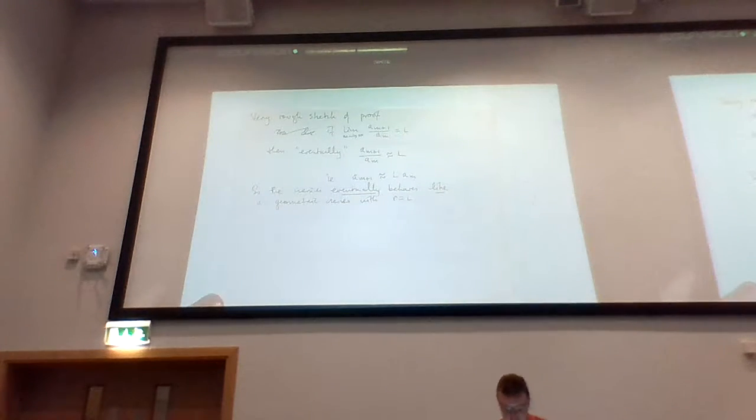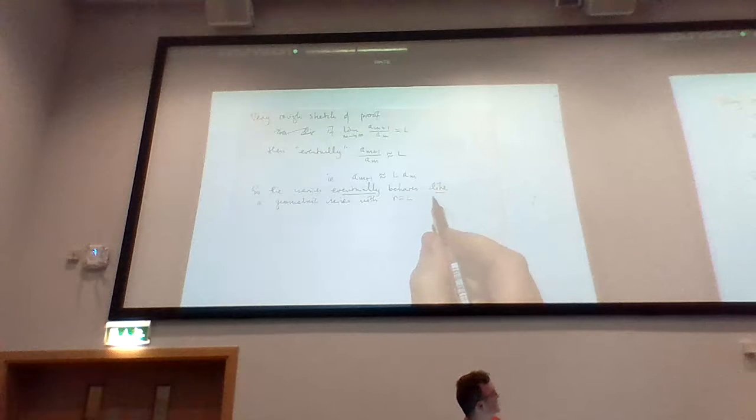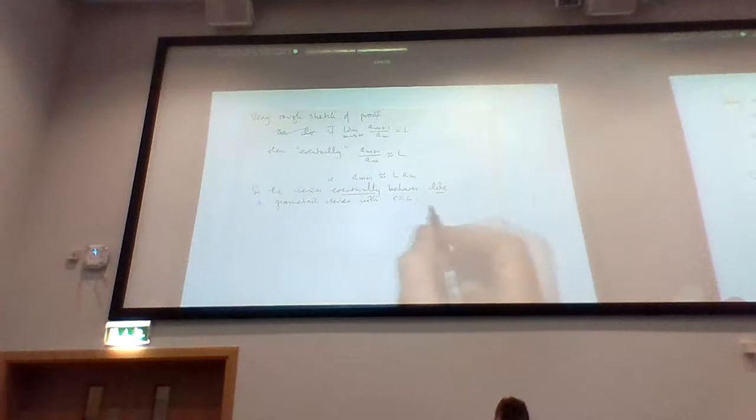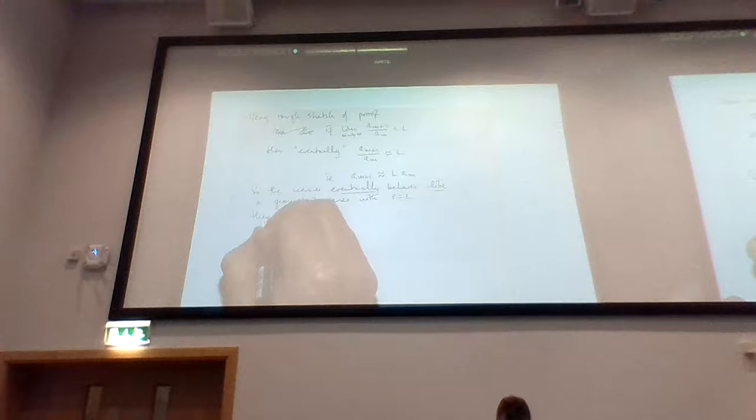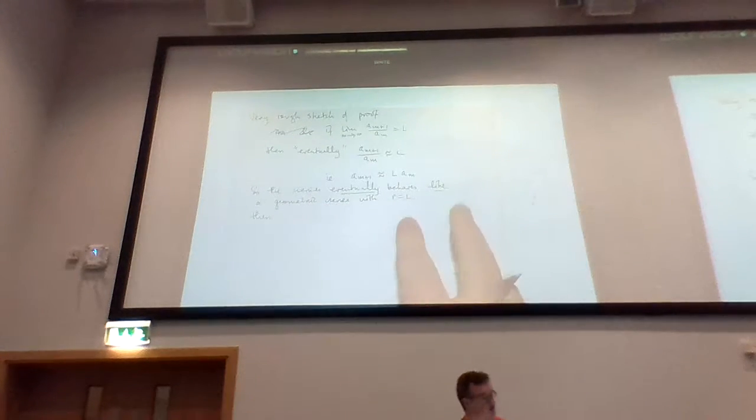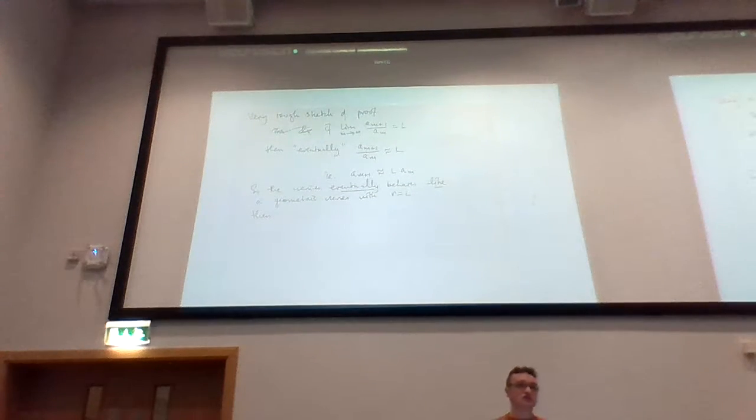So the reasoning is, because it's eventually behaving like a geometric series with r equals L, then just morally, because it's acting like a geometric series, it should have the same convergence properties.